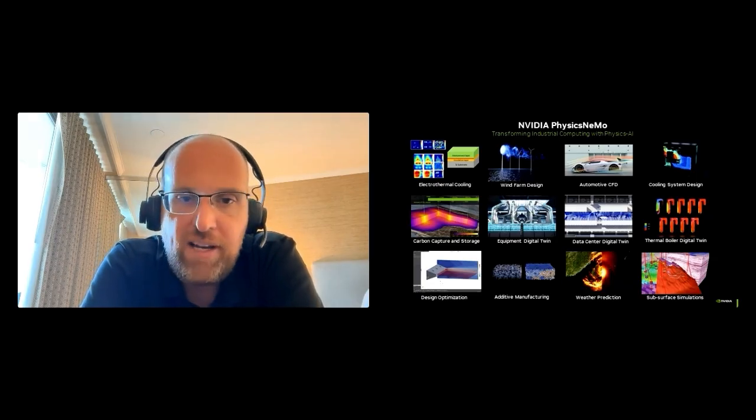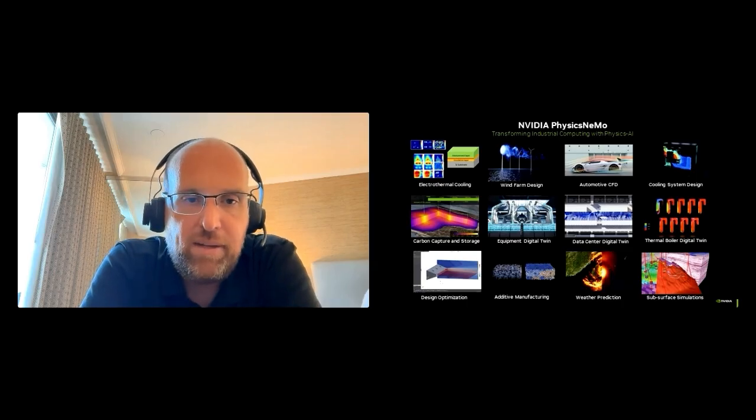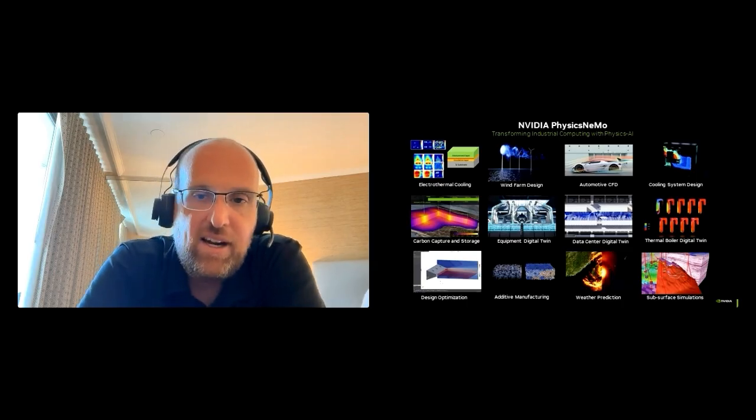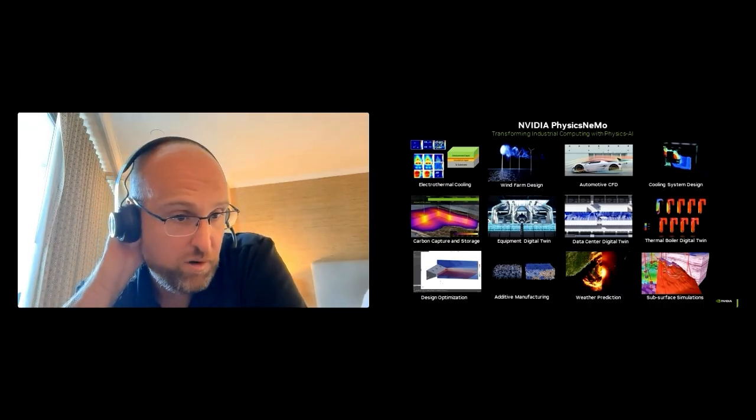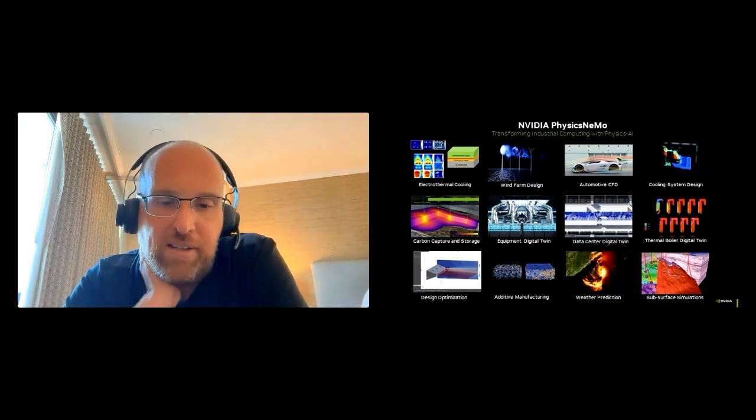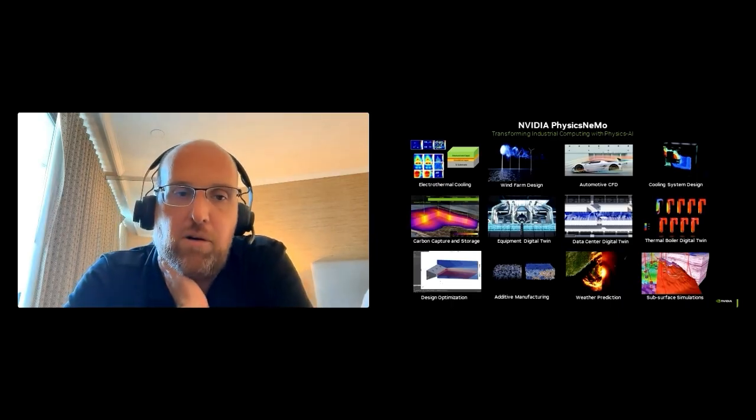So you can see a whole range of them here. CFD obviously is probably the main one you've seen. Interestingly, there's a whole range of different physics that we've simulated. So, we hope to see the use of these AI surrogate models spread from not just CFD, but a whole range of physical simulations.